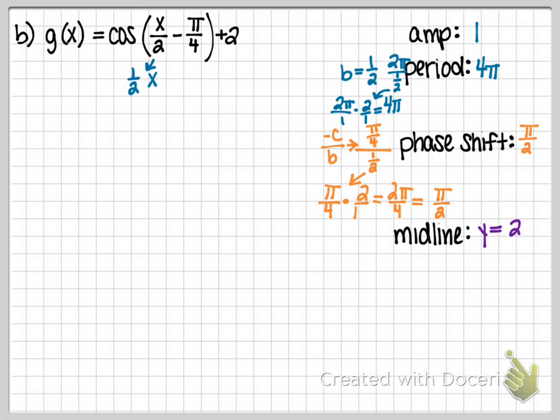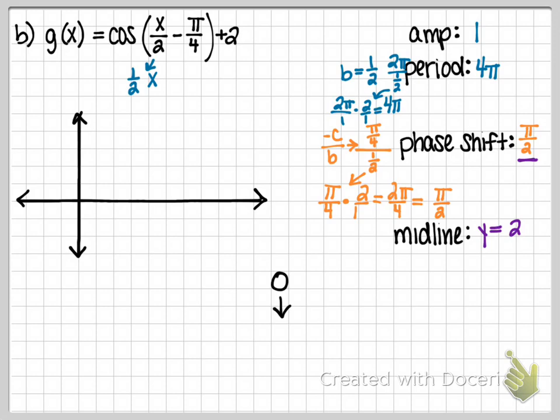All right, let's graph him. Instead of starting at 0, because of my phase shift, I am moving to the right pi over 2.